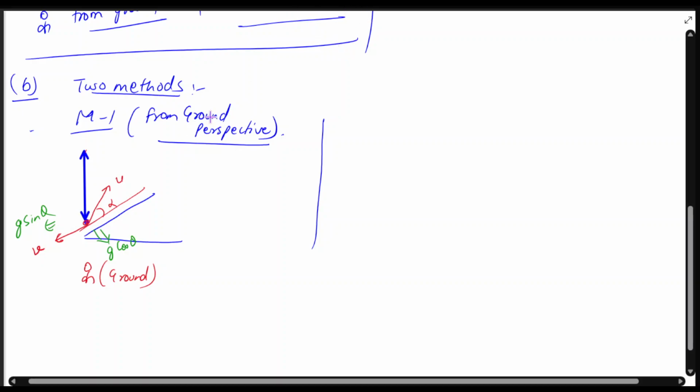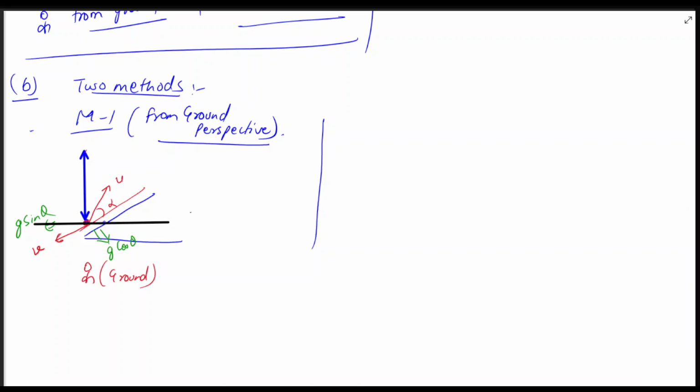Let me make a line here in this direction. Now, if this is angle alpha and this is angle theta, then here we will have a component u cos(alpha + theta), and here it will be u sin(alpha + theta).